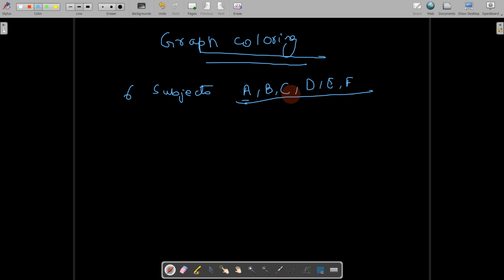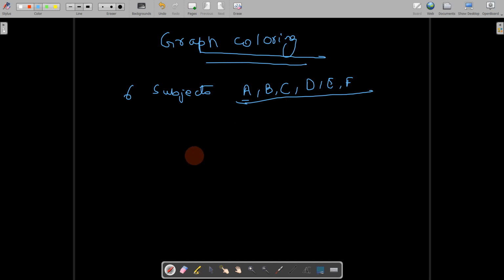So the school has created a graph where the edges represent, if there is an edge between two subjects, that means that at least one student is giving both the subjects, so we cannot conduct the exam on the same day and same time.